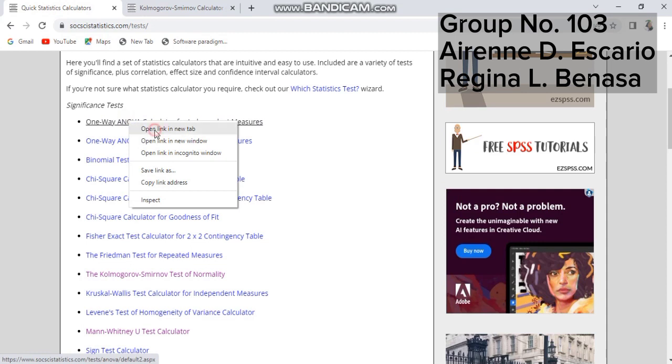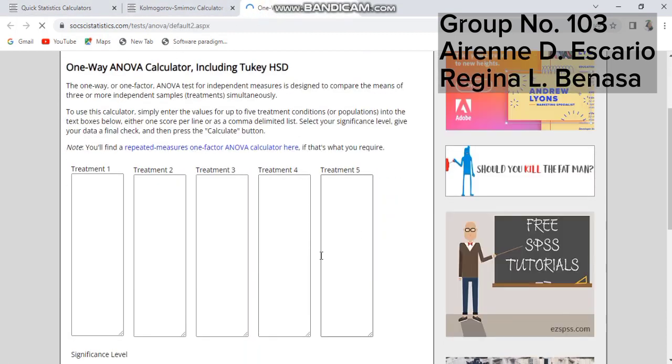Let us now go to the calculation of probability value using the ANOVA for independent samples. We can see here that we can put up to 5 treatments, but since we only have 3 groups, we will use treatment 1 for group 1, treatment 2 for group 2, and treatment 3 for group 3.